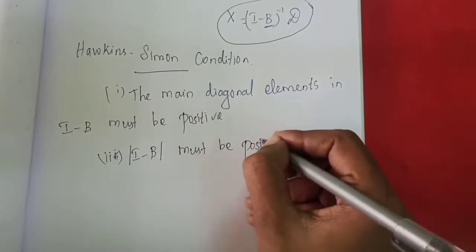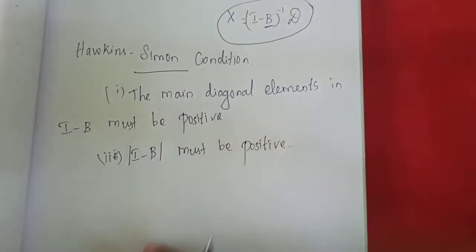What are the two conditions? The main diagonal elements in I minus B must be positive. Just listen to this for now. When we are doing the problem, we will get thorough knowledge.